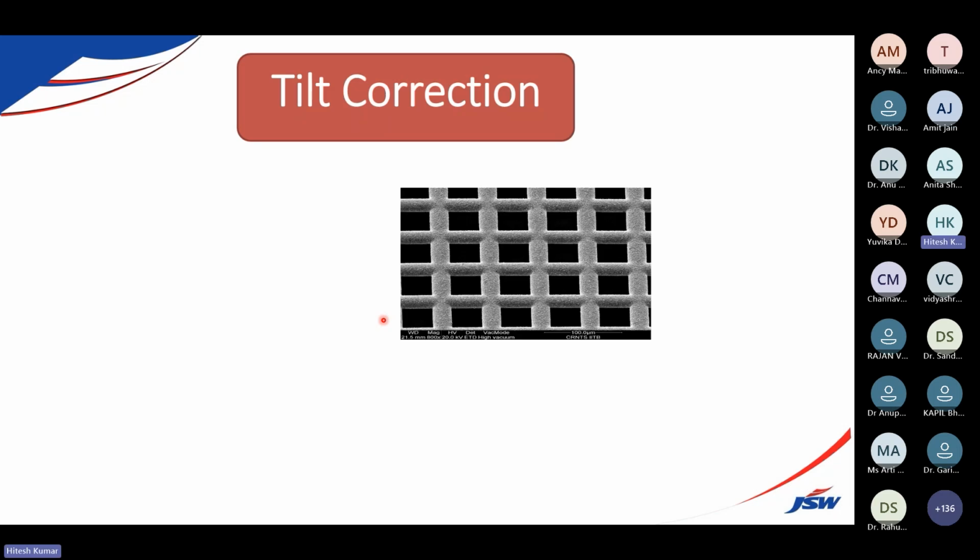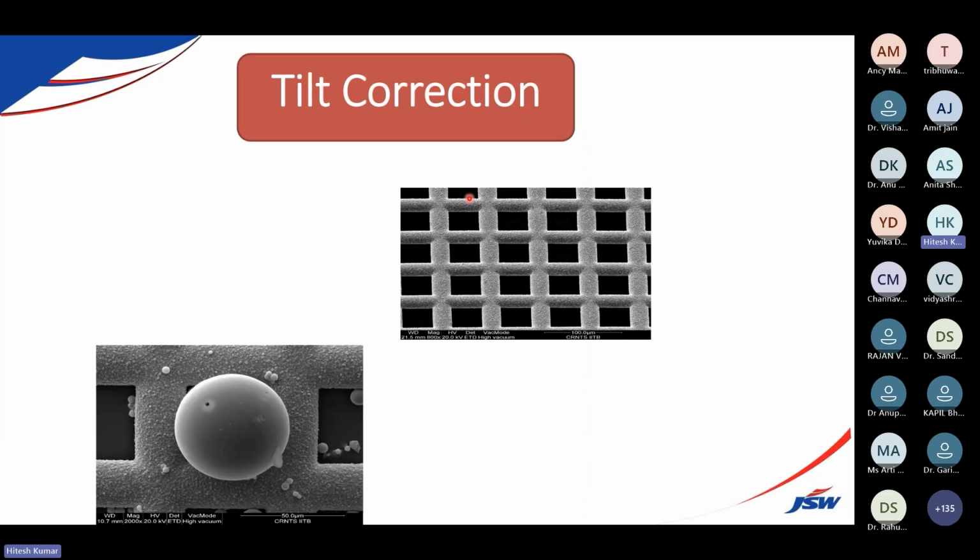So another is the tilt correction. First, I gave you the example of how the voltage plays an important role. Then the second, how the tilt correction takes place. If you see this, what you are able to see is a fine porous structure, nothing is there.